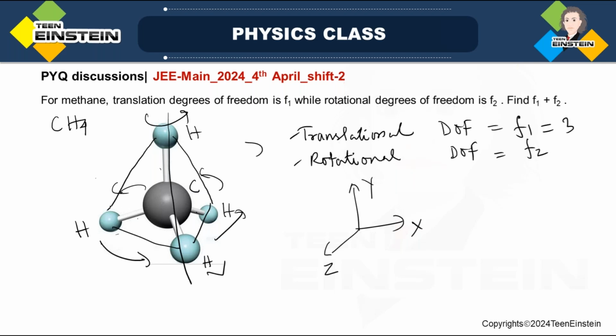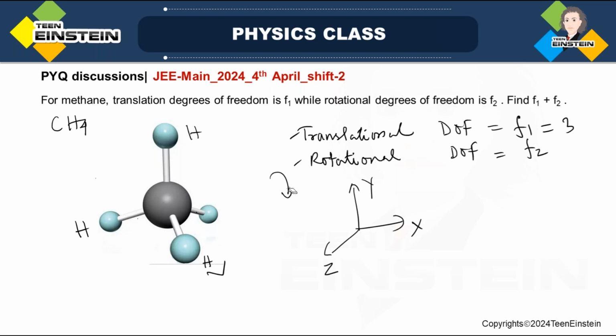If I have axis of rotation in this way, so I can rotate about this also, okay, about this axis, and I can take another perpendicular axis along that also. I can rotate this three-dimensional object, okay. So I can say clearly that methane can have maximum 3 rotational degrees of freedom, right?